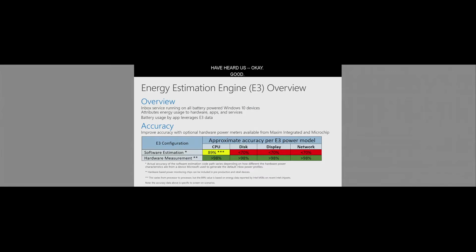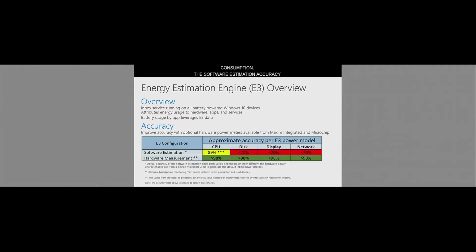This is a service that's running in-box on all Windows 10 devices that have a battery. Its job is to break down the energy consumption of apps and services and hardware. Devices that don't have dedicated power meters will fall back to the default software estimation code path, which estimates energy consumption. The software estimation accuracy of the CPU power model on recent Intel chipsets is about 89%.